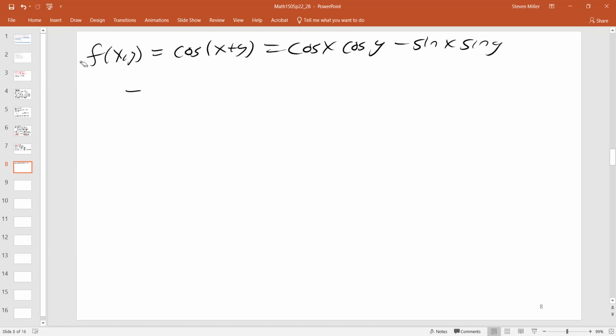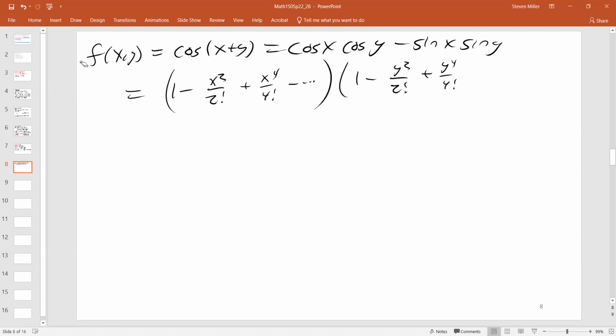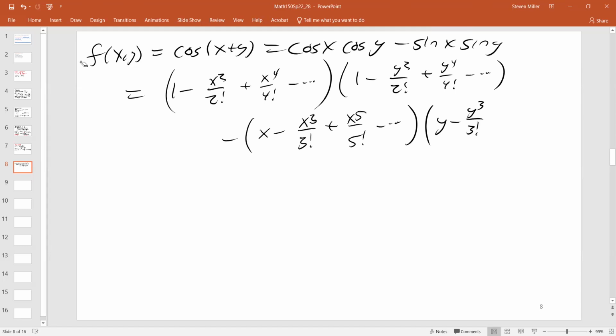And so this is then 1 minus x squared over 2 factorial plus x to the fourth over 4 factorial minus dot dot, times 1 minus y squared over 2 factorial plus y to the fourth over 4 factorial minus dot dot, minus, and then sine repeats, x minus x cubed over 3 factorial plus x to the fifth over 5 factorial minus dot dot, times y minus y cubed over 3 factorial plus y to the fifth over 5 factorial minus dot dot.